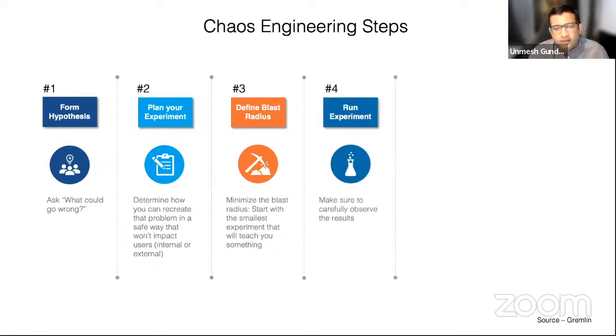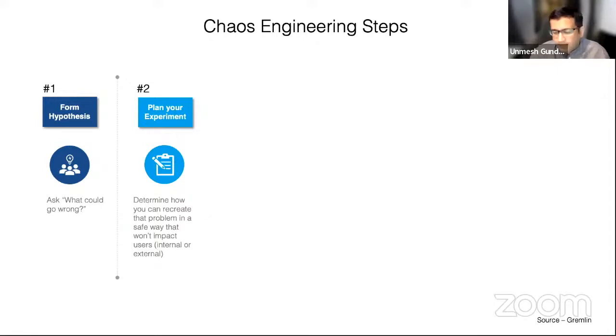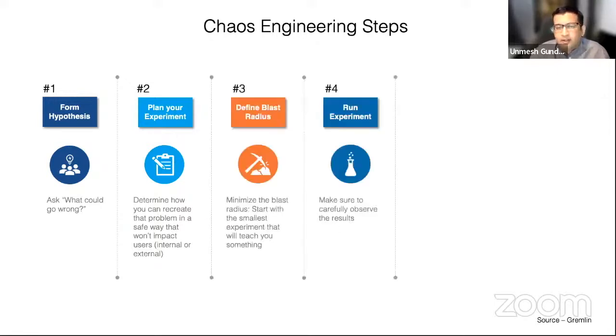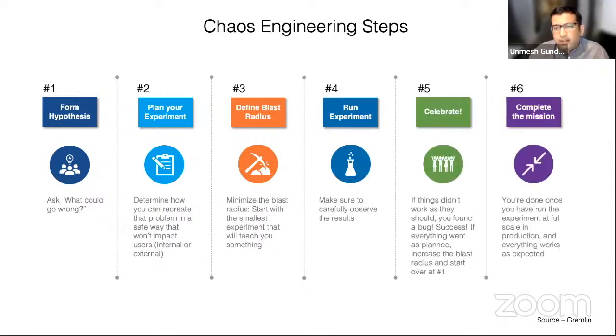You run the experiment. With your hypothesis and your experiment, you identified what you want to do. Then you run that experiment, and you either find a problem. You see that my architecture did not cover, say, auto healing capability enough. I need to work with architecture, and I need to increase the high availability of my system.